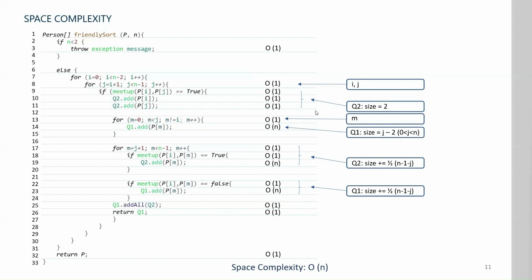And these lines introduce Q2 with size 2, so constant, still O(1). Line 13 introduces m, O(1).